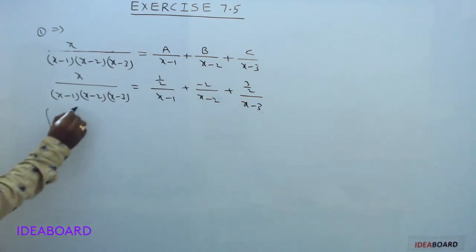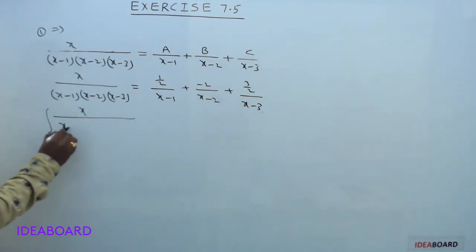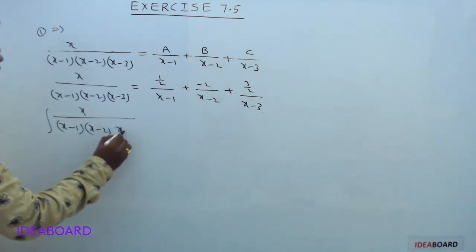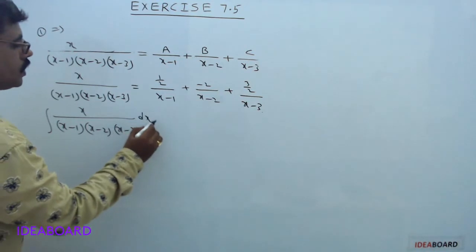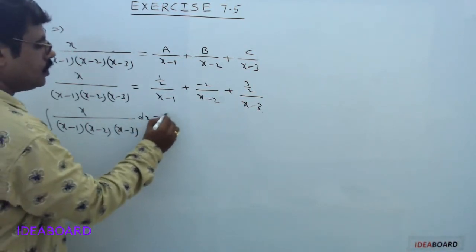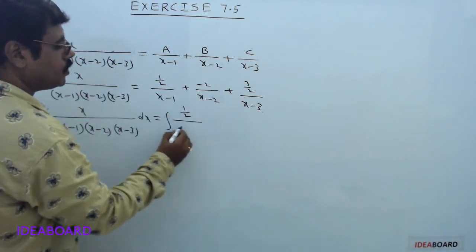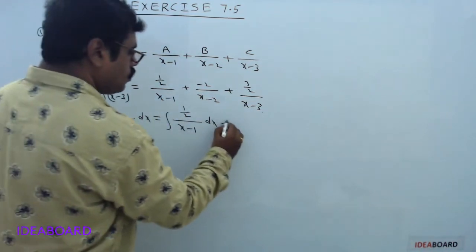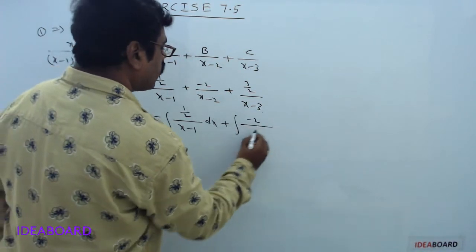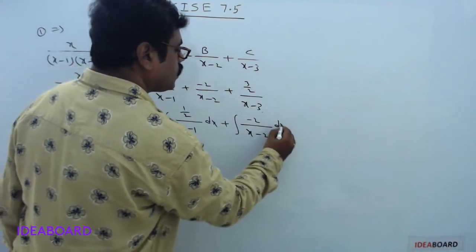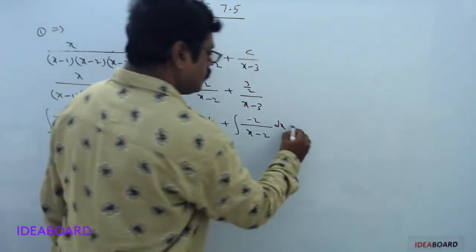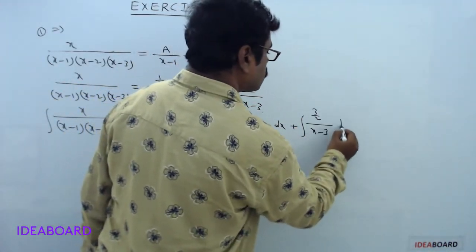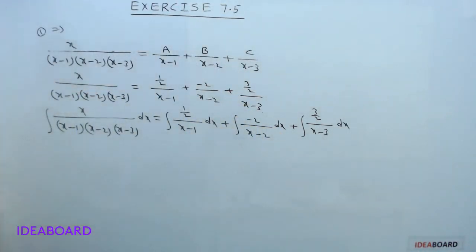Now this is integral x divided by x minus 1 into x minus 2 into x minus 3 dx equals integral 1 by 2 divided by x minus 1 dx plus integral minus 2 divided by x minus 2 dx plus integral 3 by 2 divided by x minus 3 dx.